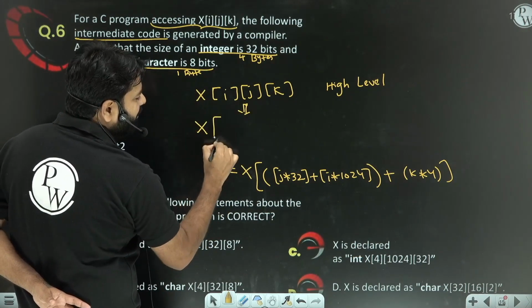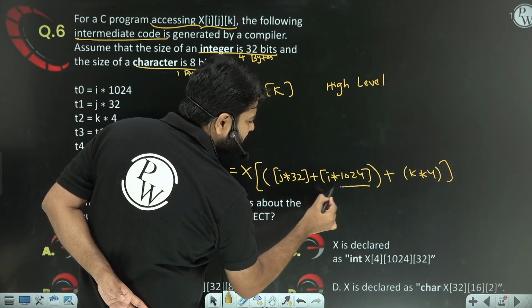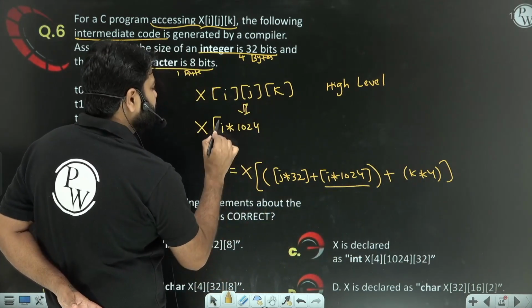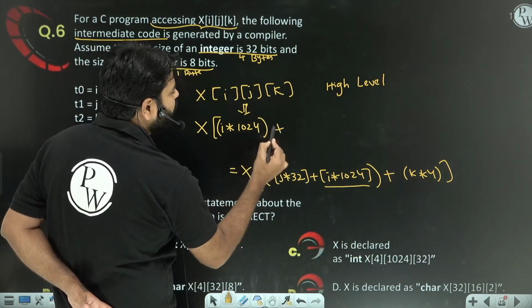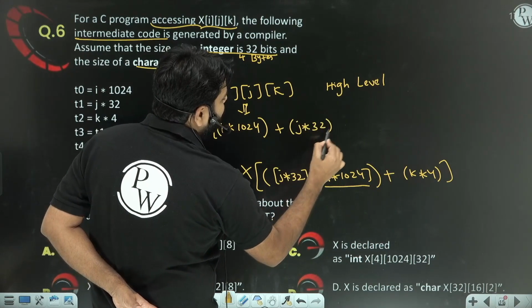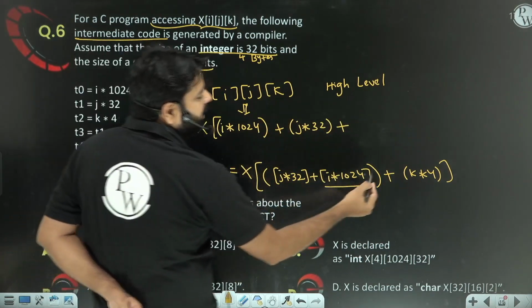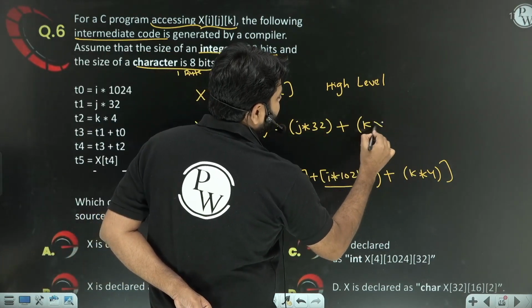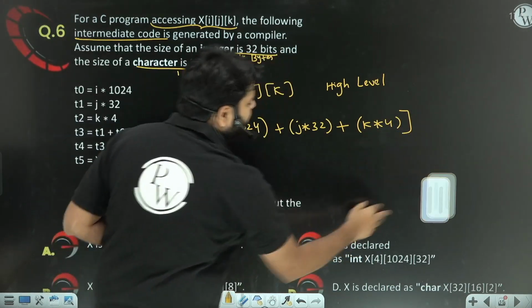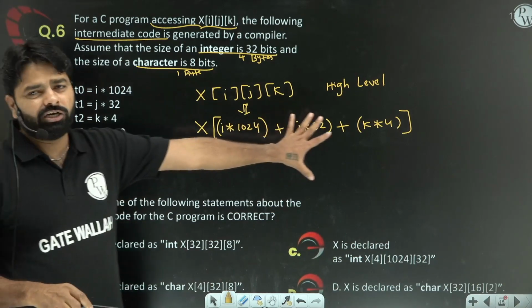X of, let me put I first. This is I multiply with 1024. This is the first calculation, plus what is the J? J multiply with 32 plus K multiply with 4. Okay. Now this is the equivalent of the 3 address code, but it's an expression now.